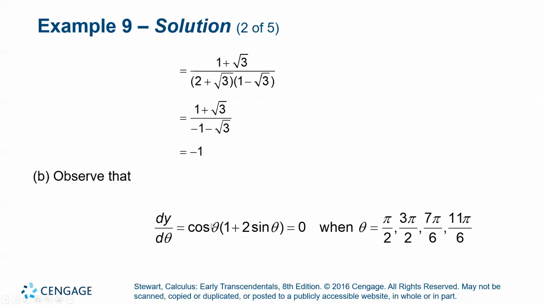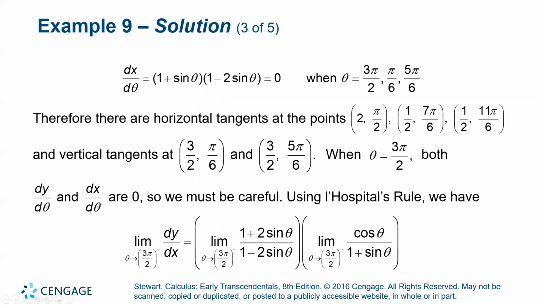Cosine theta is 0 when theta is pi over 2 and 3 pi over 2. And then 1 plus 2 sine theta is 0 at these other 2 points, 7 pi over 6 and 11 pi over 6. And then dx d theta, which was the denominator of our derivative, 1 plus sine and 1 minus 2 sine, gives us the solutions 3 pi over 2, pi over 6, and 5 pi over 6.